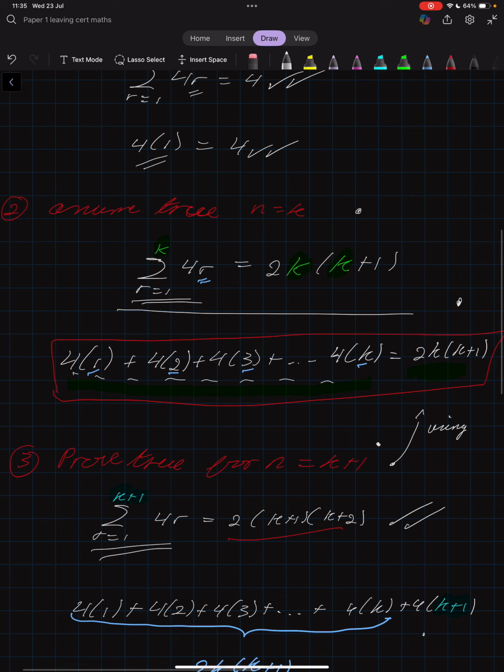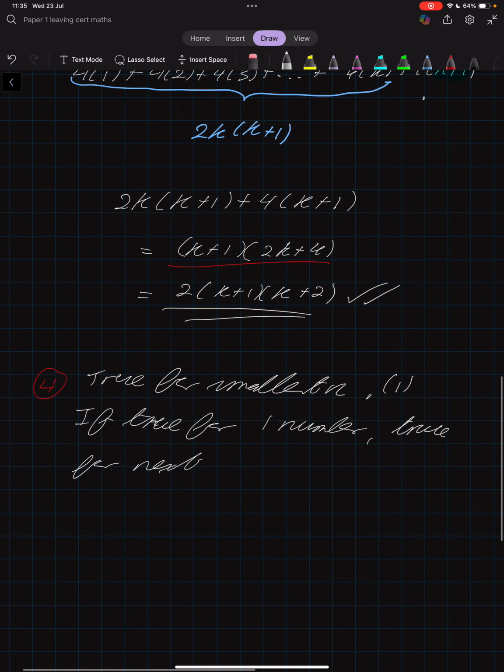I've proven that it's true for n equals k plus 1. So what I've said is, okay, if it's true for the 10th number, it's true for the 11th. If it's true for the 27th number, it has to be true for the 28th. And now what I've done is I've shown that it's true for the first number. So it's true for the first number, but if it's true for one number, it's true for the next. That means it's also true for the second number. But hold on, it's true for the second number, which means it has to be true for the third. And the fourth. And so on and so on.